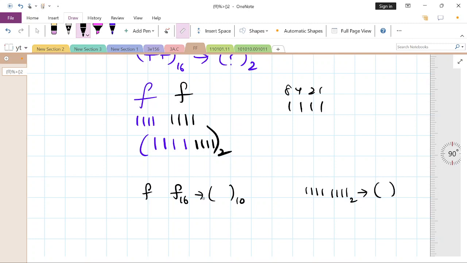Convert this also into its decimal equivalent. After performing all the calculations, what answer should you get? 255 in both the cases, right? So this is something which you can do on your own.